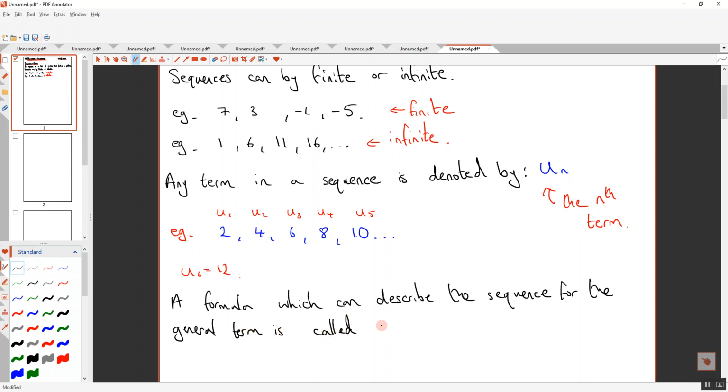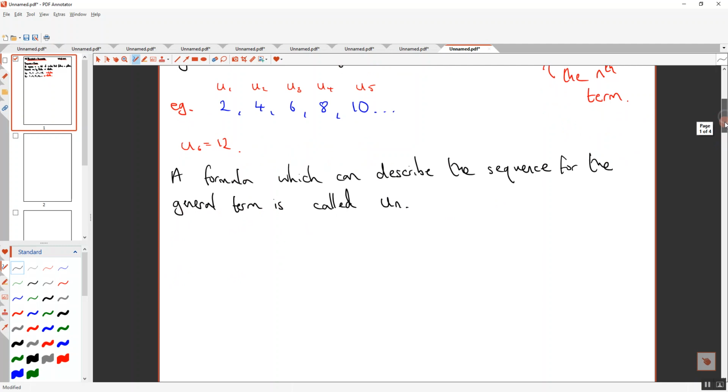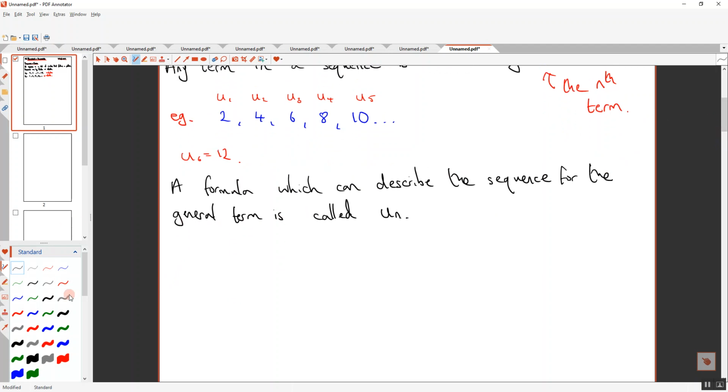So it's the nth term, okay? Un will be the formula. Is that what you kind of looked at last year? Okay, cool. So we're going to be looking at two types of sequences, arithmetic, which you're used to, and geometric, you did some stuff on. So let's just have a look at arithmetic sequences.